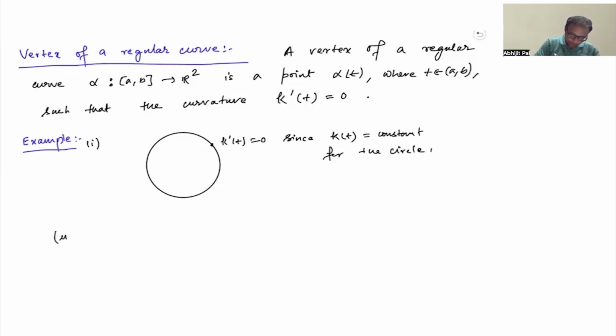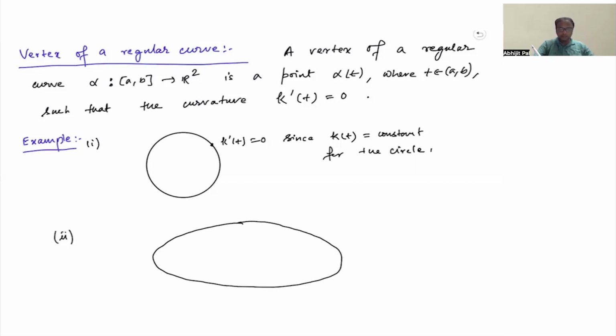Now if I take this ellipse, I can get hold of points on this ellipse where the curvature is maximum and minimum.